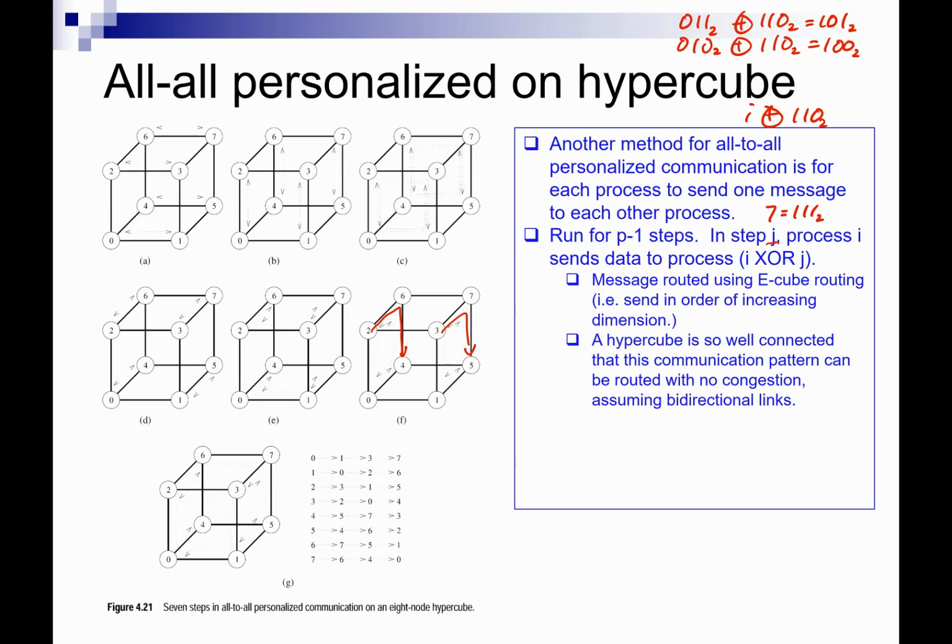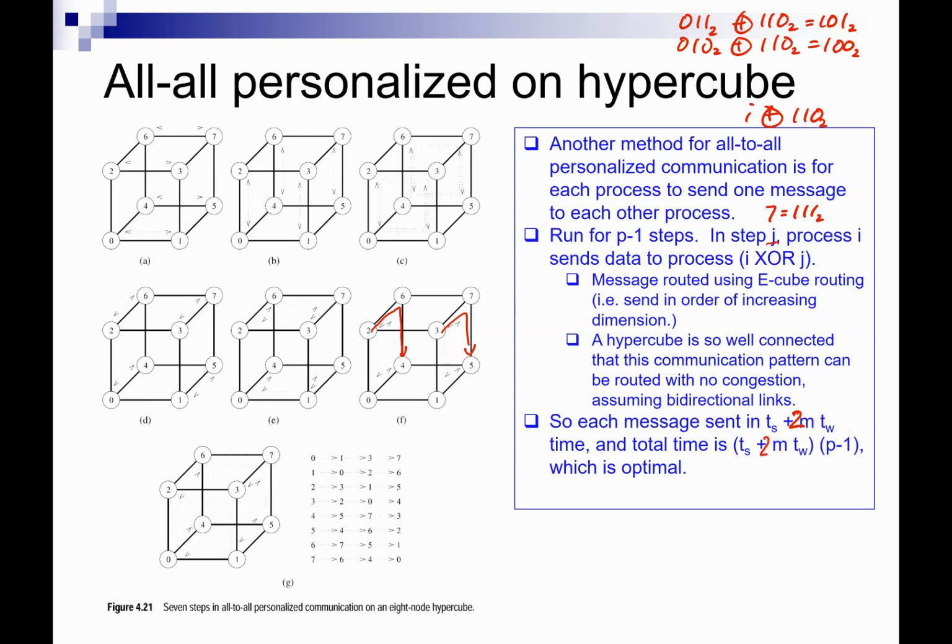Since each process is only sending one message, and each edge is only being used for 2 messages, one message in each direction, the amount of time to send those messages on each edge is just going to be 2 times m times tw. Maybe there should be a 2 over here, because we're sending 2 messages per edge.